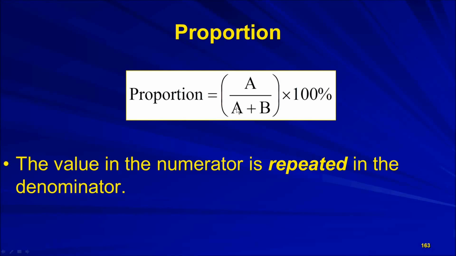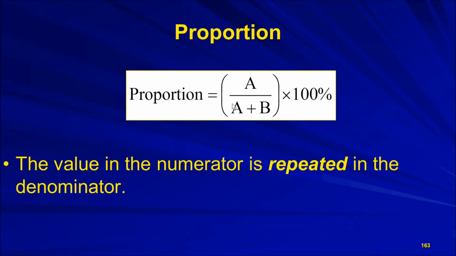To help you understand this formula a little better, why they do it this way is because you could have A plus B plus C plus D plus E, etc., to make up the denominator, and they want you to be aware of what values should appear in that denominator, and then it's multiplied by 100%.